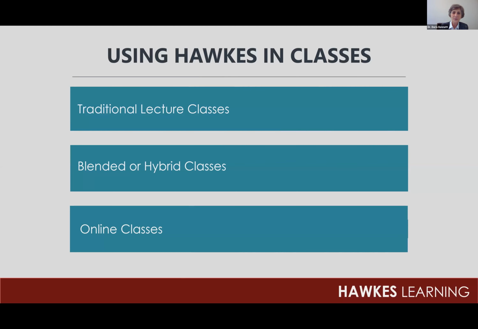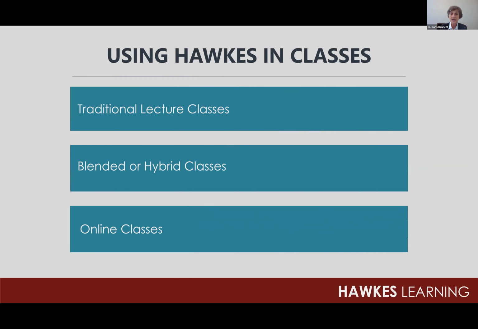So for this fall will be my first time to actually use Hawks in class. And so my plan is to cover, there are about 75 lessons, and I'm planning to cover about half of them and let the certified grade be half of the grade, and then I'm going to do some in-class quizzes for the other half.